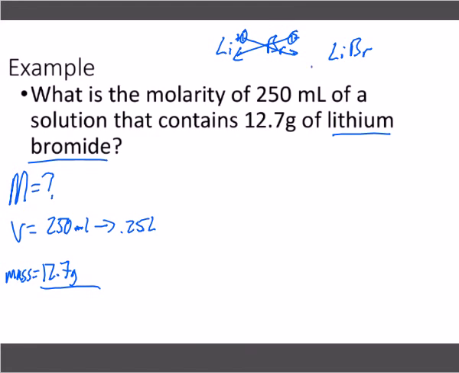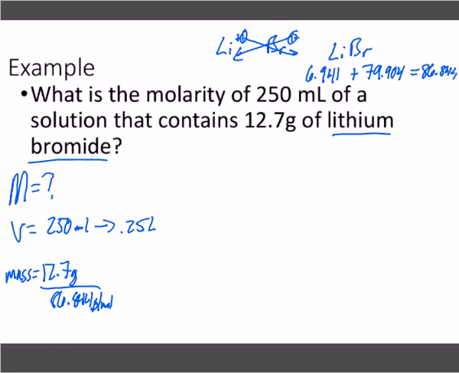So lithium's mass is 6.941. Plus bromine is going to be... Okay. Add those together. What do we get for our molar mass? 86.844 grams per mole.